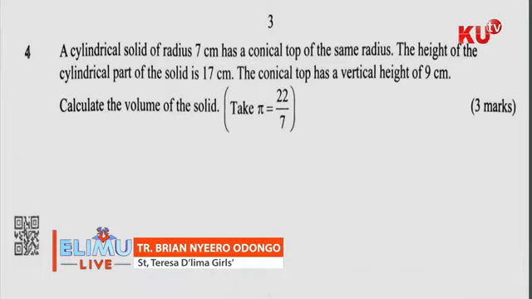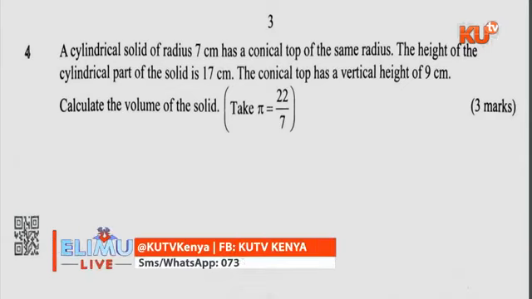It is involving some figures, so the best way always as a student, you are advised to give a sketch. So here we have two figures. We have the conical part and the cylindrical part. The cylindrical part has a conical part on its top. So first of all, let's draw that cylinder.